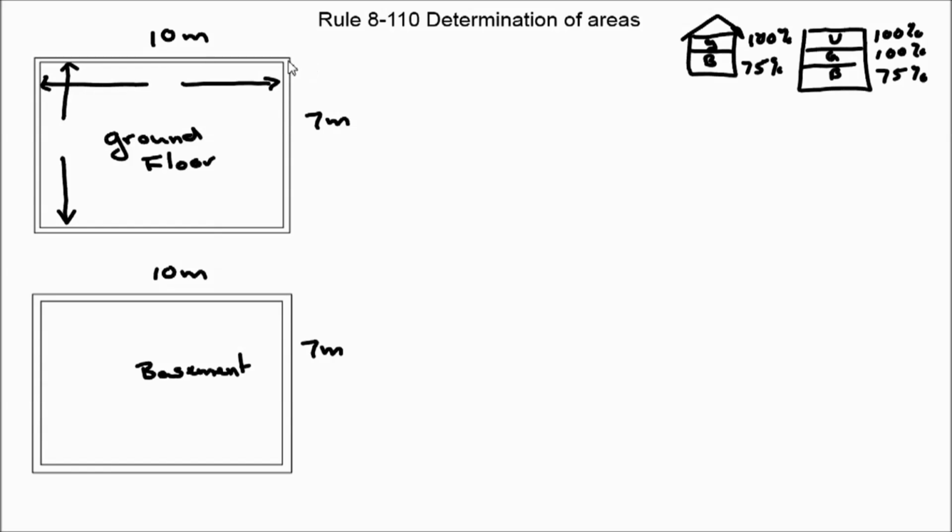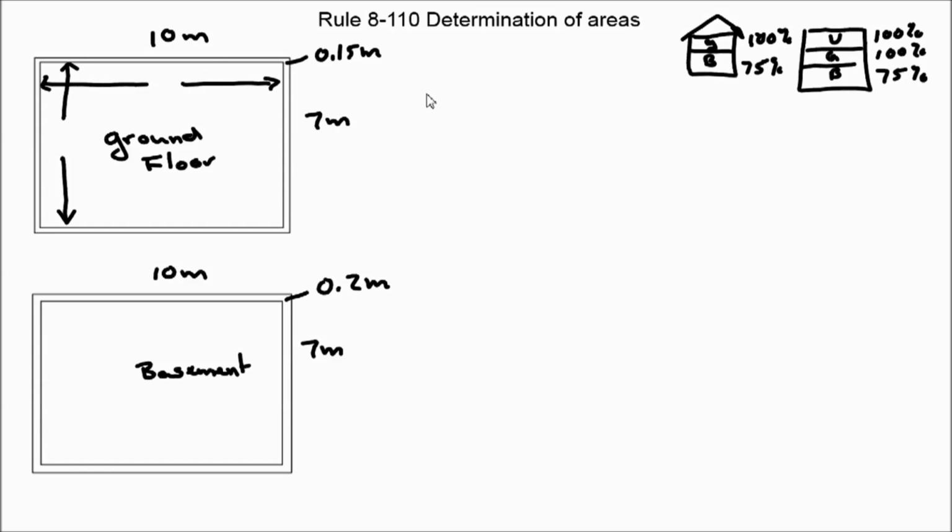So we need to look at the prints and figure out the wall thickness all the way around. In this example, the wall thickness will be 0.15 meters all the way around. In the basement, the walls are a little thicker with the concrete blocks, so they're 0.2 meters.